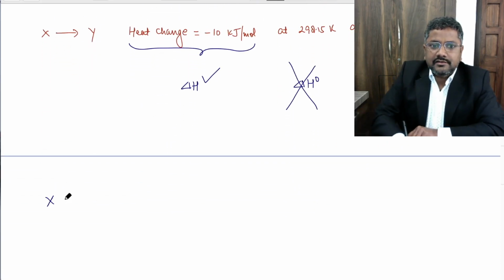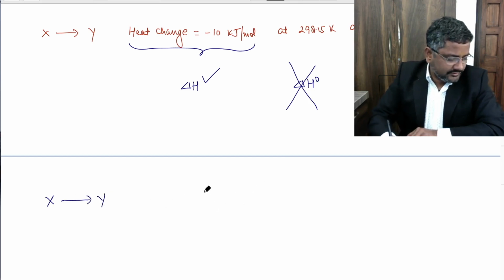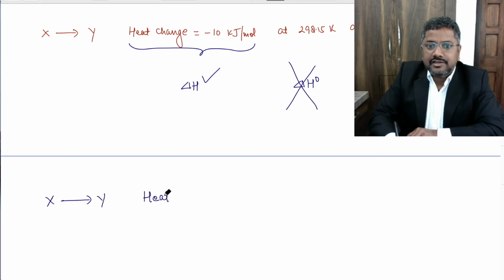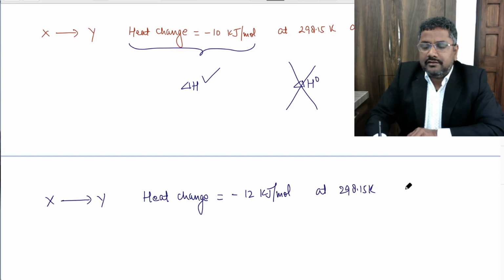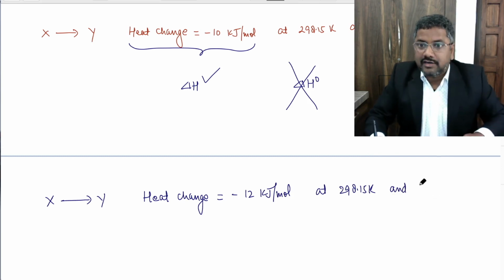Now take one more example. X gives Y, and this time the heat change is given as minus 12 kilojoules per mole at 298.15 Kelvin and 1 bar.